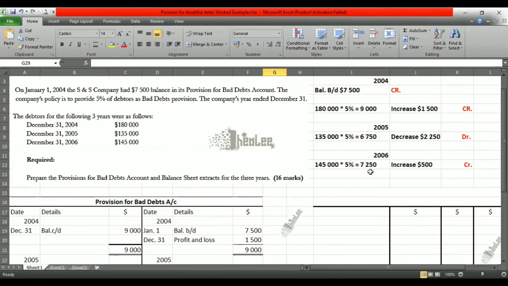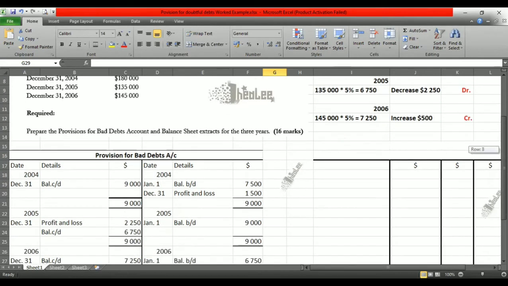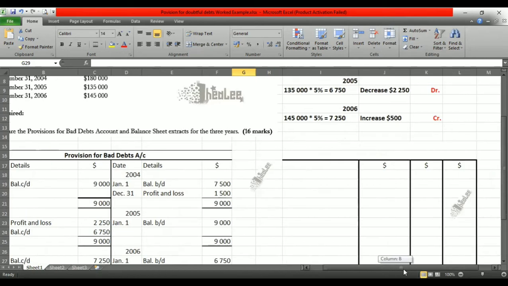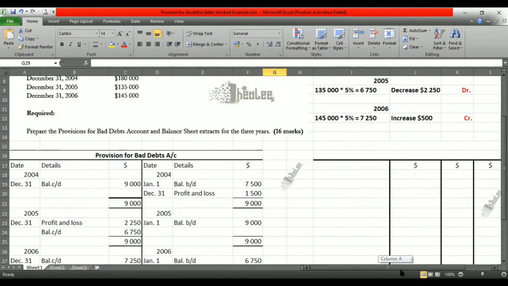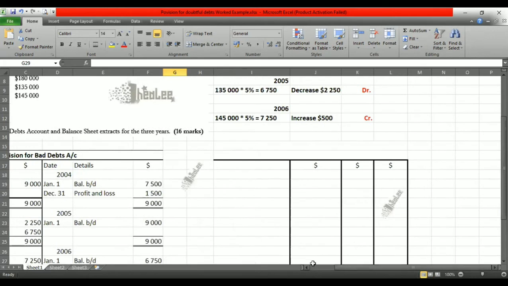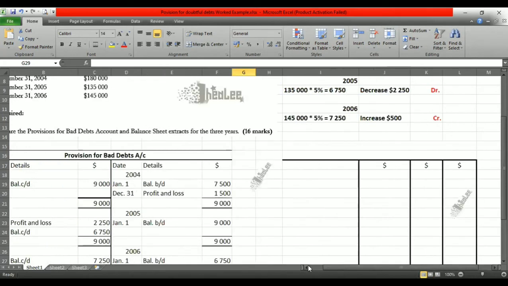So these are the balances that you're working with. So your provision balances are there, while your debtors balances are coming from the question. So now that you have that and you were asked to do the balance sheet extract, we can then proceed to completing that. So let's go.